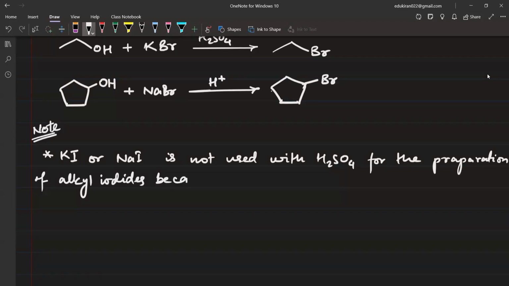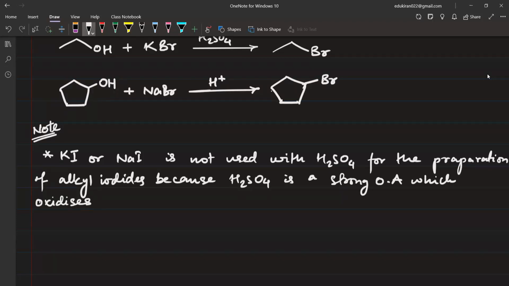Because H2SO4 is a strong oxidizing agent which oxidizes HI to I2, and therefore the reaction of alcohol with HI cannot occur.